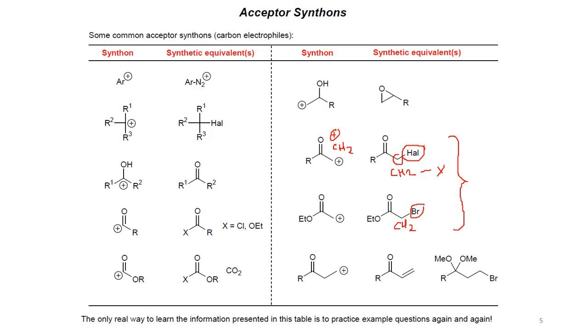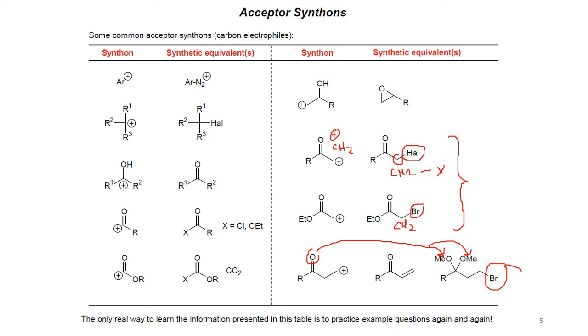Now, if you have a ketone, for example, and this one is plus, the synthetic equivalent could be an alkene, or this can be converted into OMe with Br at the end of the chain.